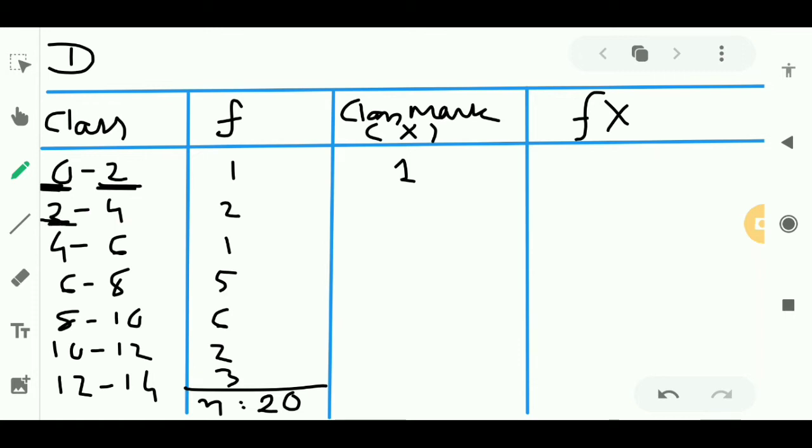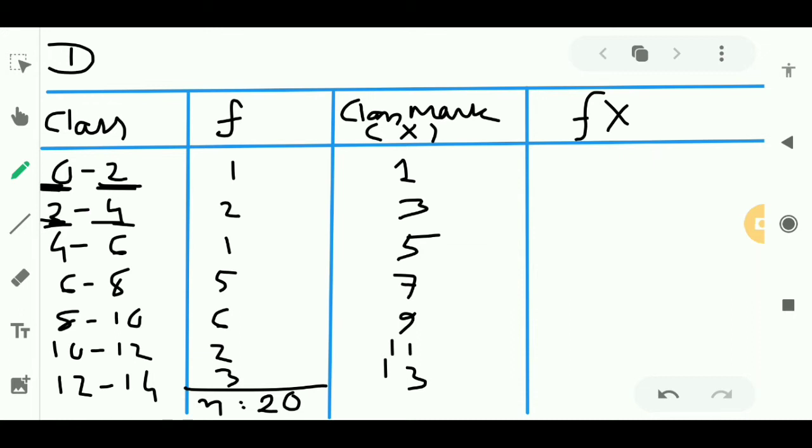Then second lower limit 2, upper limit 4. 2 plus 4 is 6. 6 divided by 2 means 3. Now how much increasing? 2. Then 4 plus 6, 10 divided by 2, 5. That means increasing by 2 directly, after that without doing also you can write 7, 9, 11 and 13.